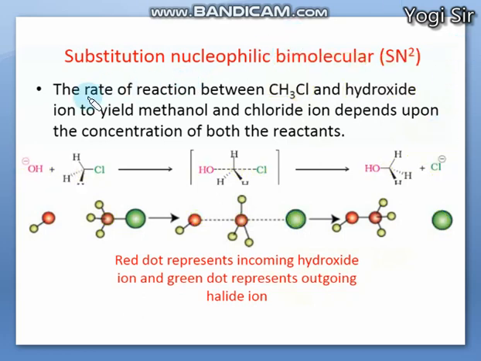It is mentioned over here that the rate of chemical reaction means the reaction we have done over here, that is substitution of chlorine by hydroxyl group or hydroxide ion, so that the rate of reaction between chloromethane and hydroxide ion to yield methanol, that is CH3OH, and chloride ion as a byproduct, depends upon the concentration of both the reactants.